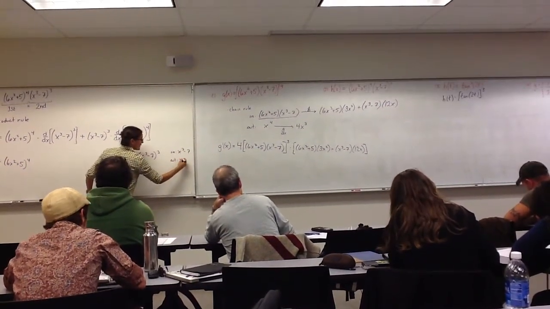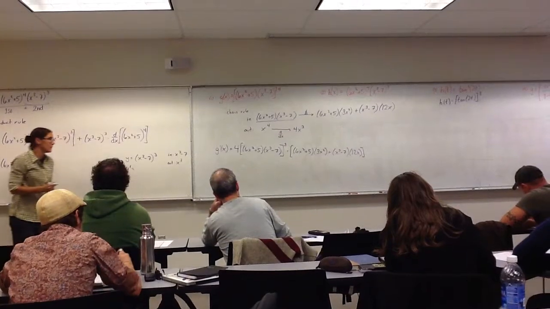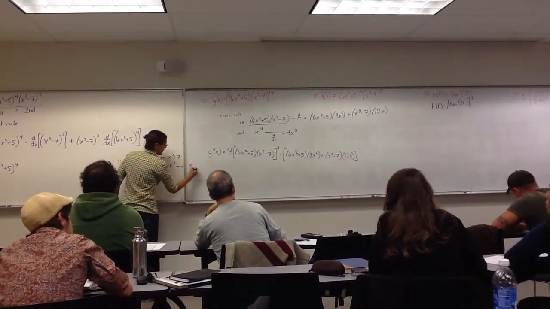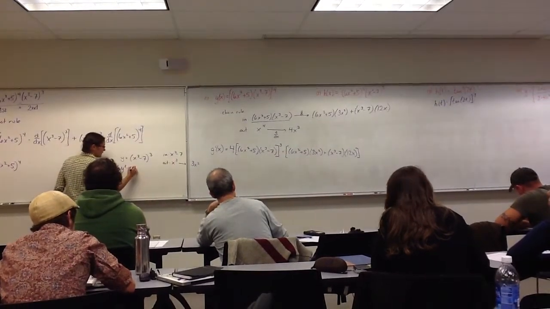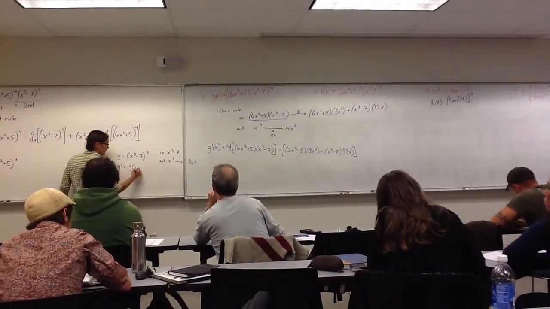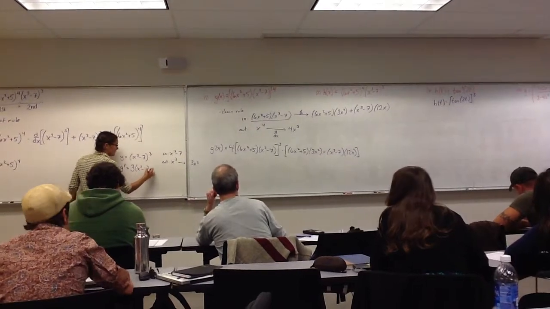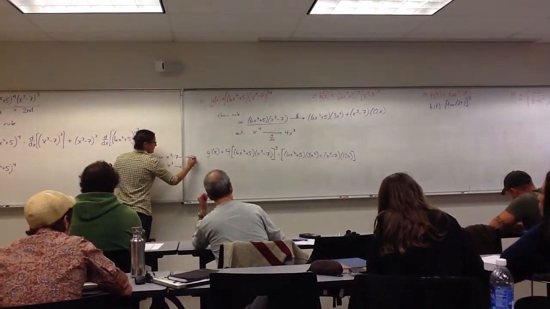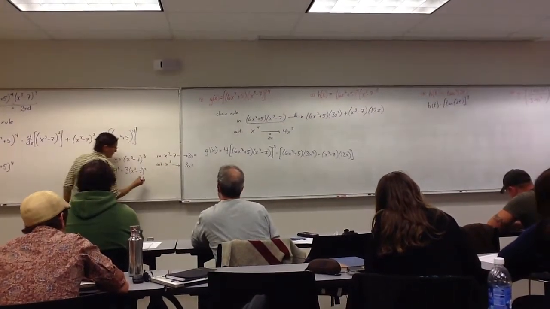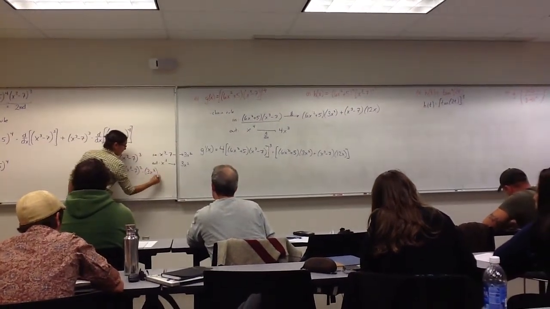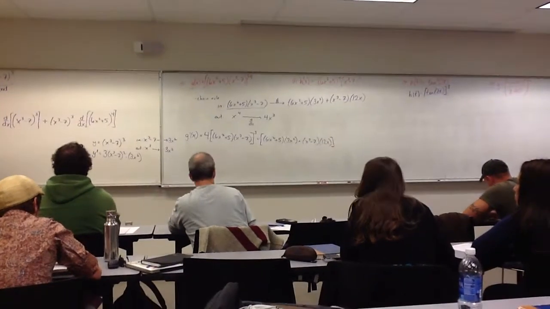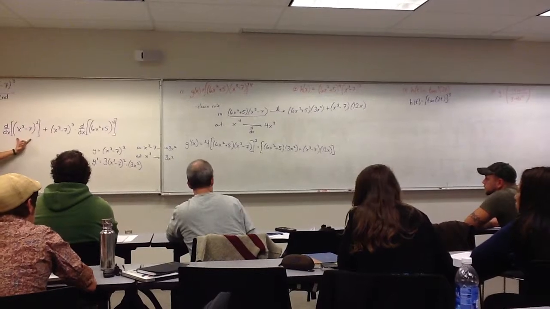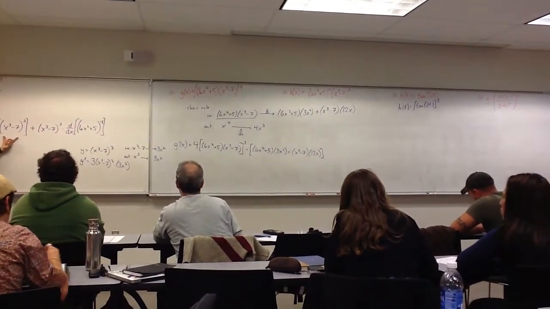Our outside is x cubed. Derivative of the outside, keeping the inside the same, my derivative of my outside is 3x squared, so 3 times x cubed minus 7 squared times the derivative of my inside, which is 3x squared. All right, so that is our derivative of x cubed minus 7 raised to the 3rd.